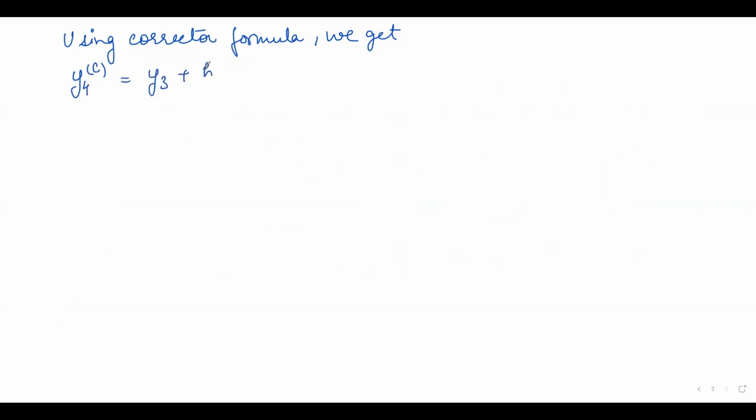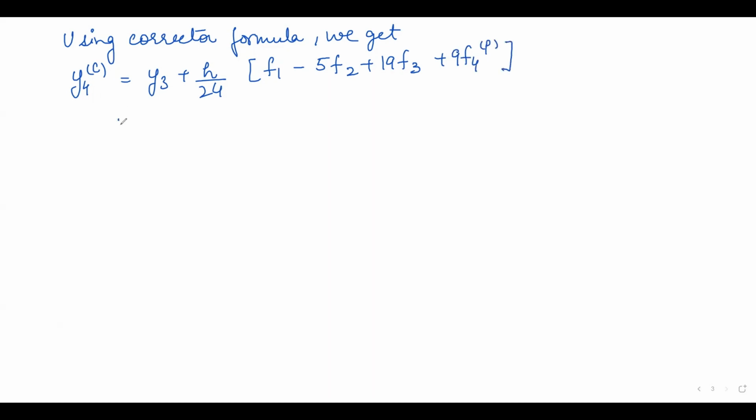Now using the corrector formula, we get y4, that is y3 plus h upon 24. So here we'll not be using f0, but instead of that I'll be using f4 at the predicted value of y.